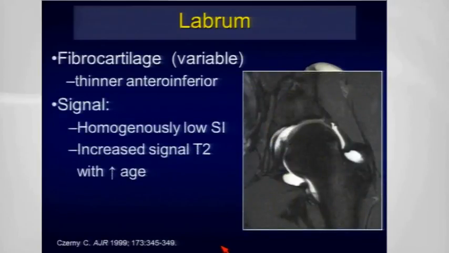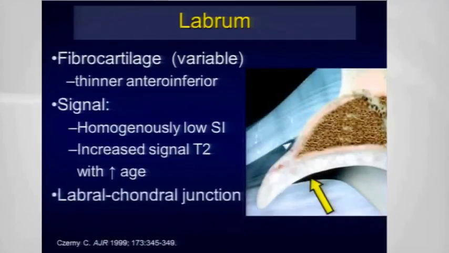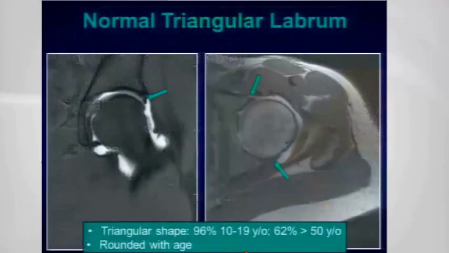Signal intensity is typically homogeneously low signal on all pulse sequences, but as we age, we can have increased intrasubstance signal. We also need to remember the labral chondral junction. This yellow arrow nicely depicts that area, and we need to be careful to recognize this structure so that we don't overcall labral tears at this location.